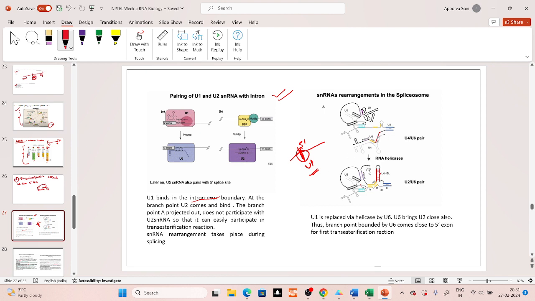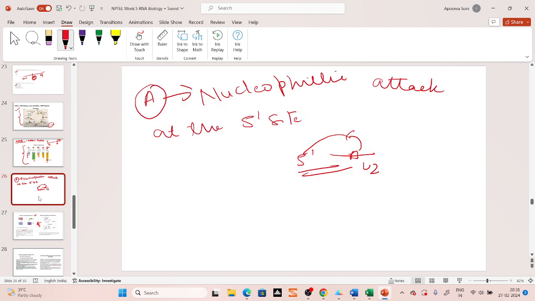If it is easier for you to understand, it is fine. Otherwise, I have written in simple words over here also what happens: later on, when U2 kicks out the A, U1 is replaced by U6, and then U6 brings U2 also close. Thus the branch point comes near.